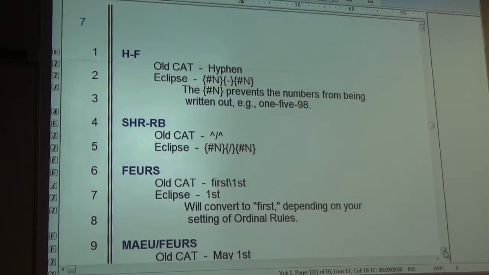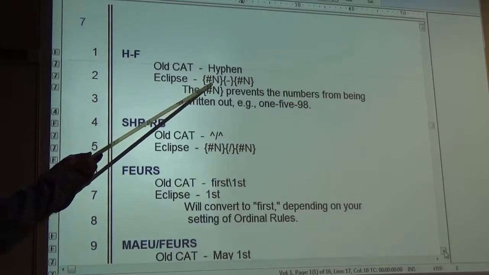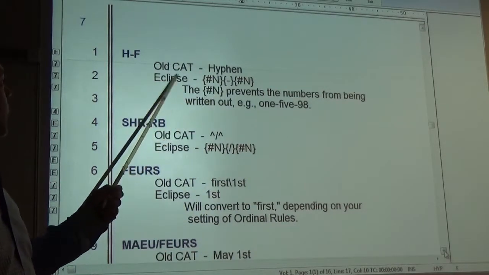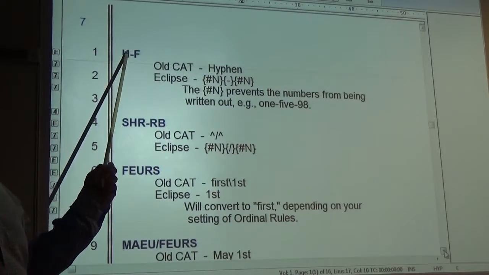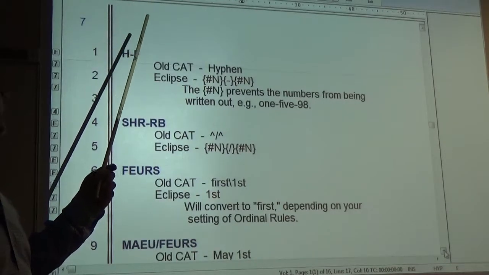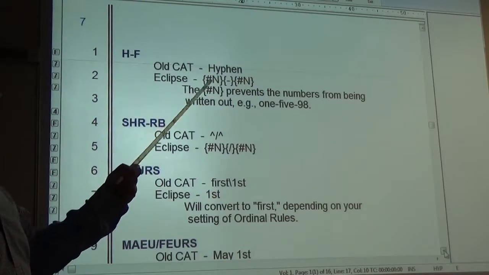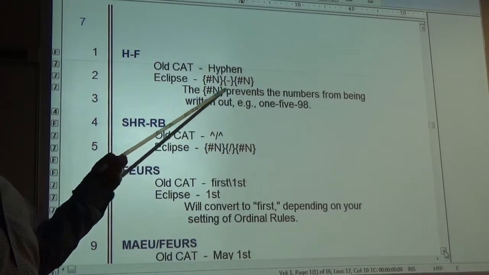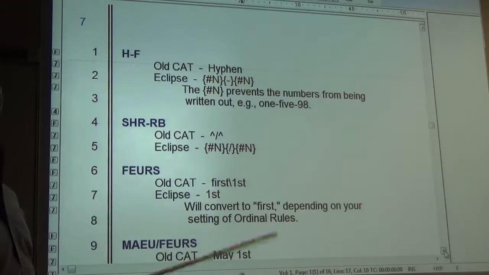Okay, on the hyphen, this is the way that you need to do it, okay? So if they're talking about, okay, and that's what they're talking about. Whatever stroke you use for hyphen, you just have to define it as that. And if there's a number on either side, then that's the way you have to define it.